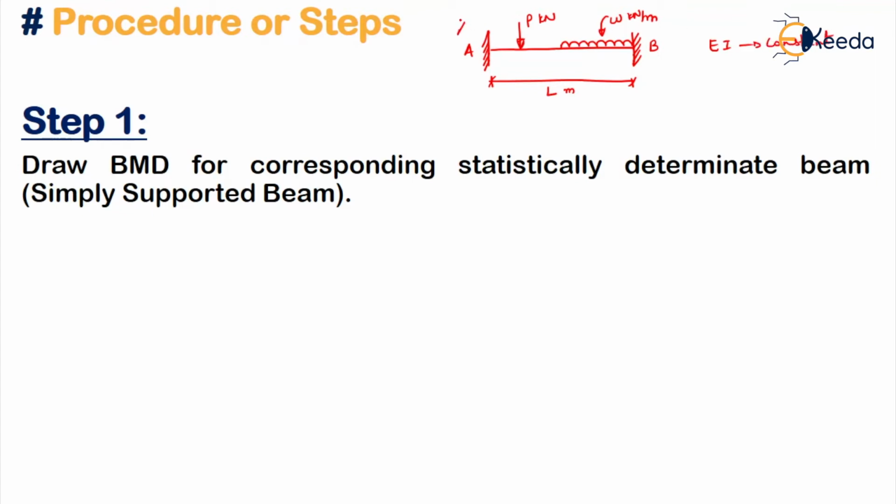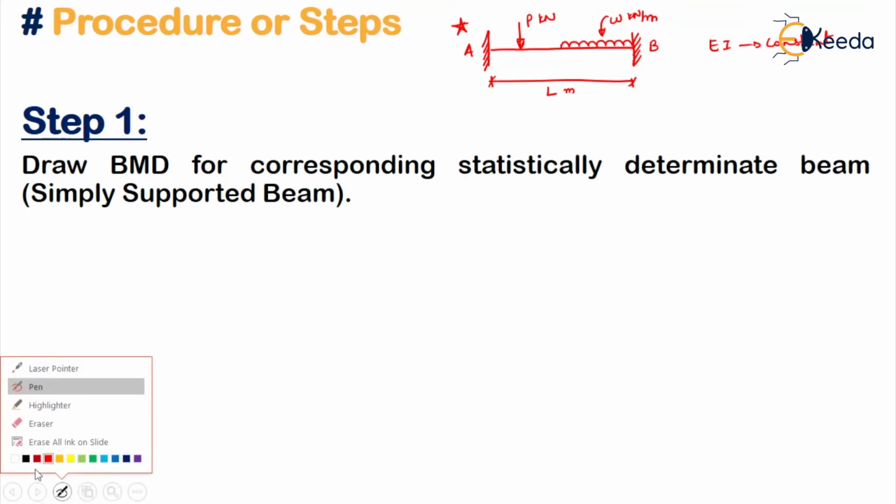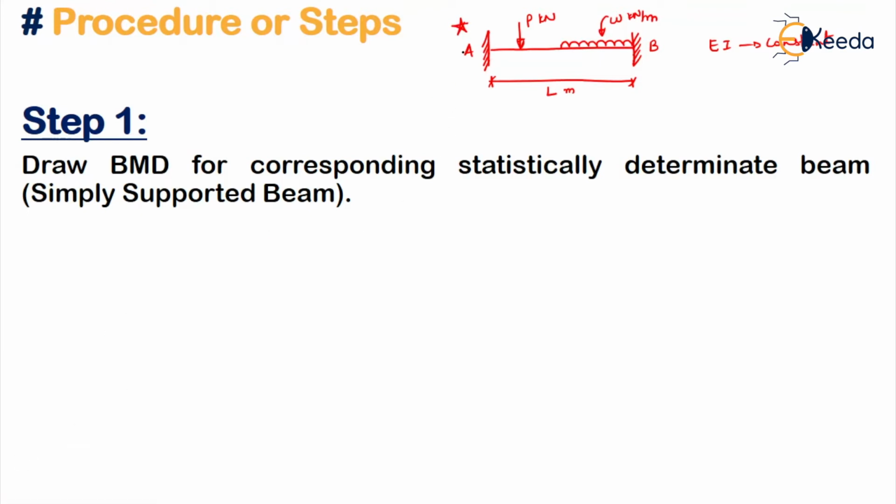If this is the problem given, if you observe, this is a statically indeterminate beam. Why is it statically indeterminate? See how many reactions it will have: one horizontal, one vertical, and one moment here. So this is your HA, VA and MA.